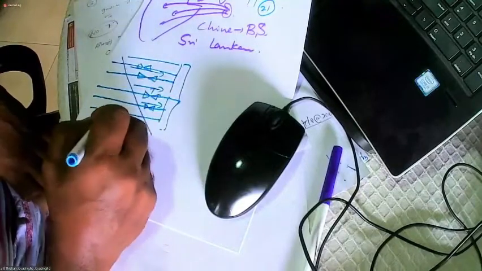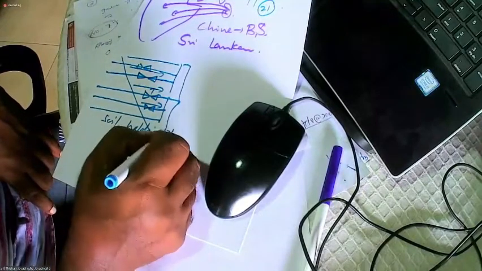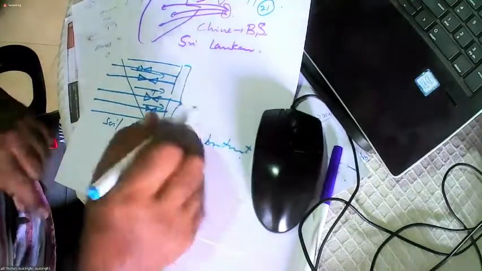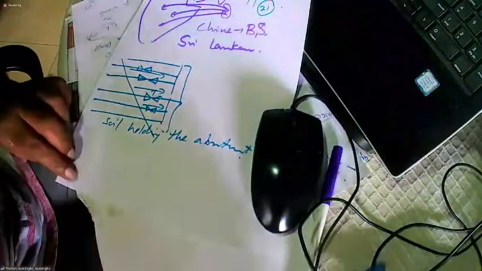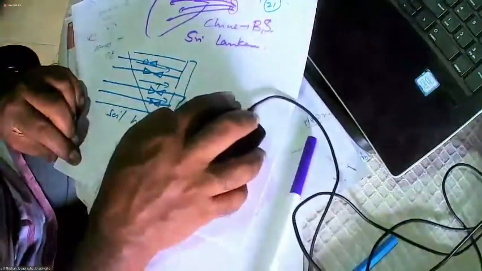So the soil holding the abutment. This reinforced earth is very cheap, much cheaper than constructing an abutment. So reinforced earth was used in this particular bridge.